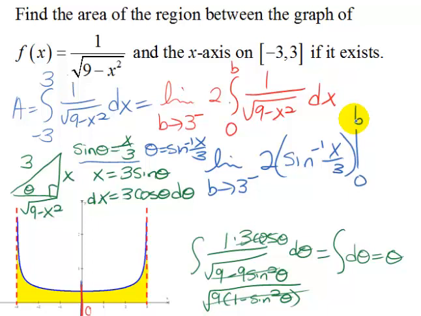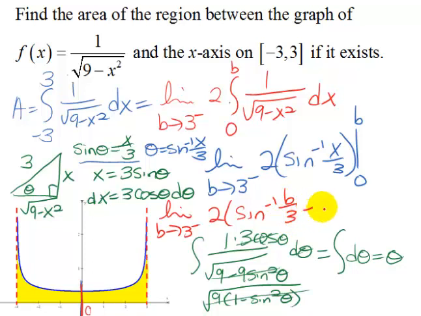So we've got the limit as b approaches 3 from the left-hand side of 2 times sine inverse of b over 3 minus sine inverse of 0.